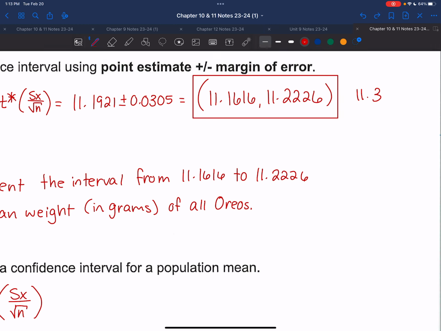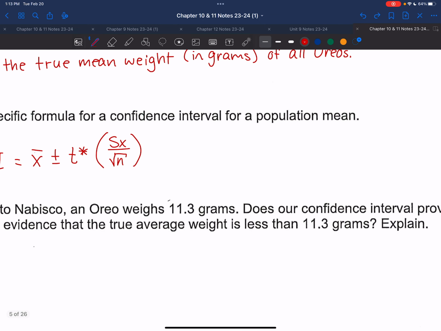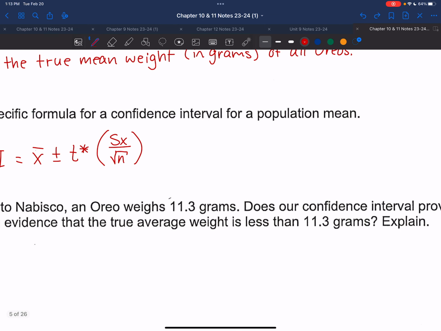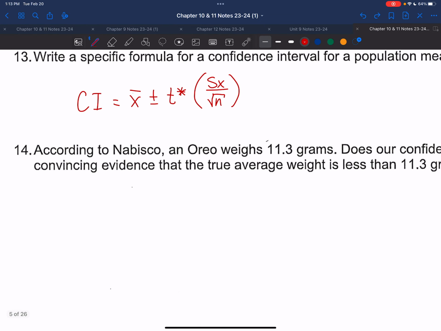So what that tells us is that, based on our confidence interval, we do have convincing evidence that it is less than that. So we're going to say yes.